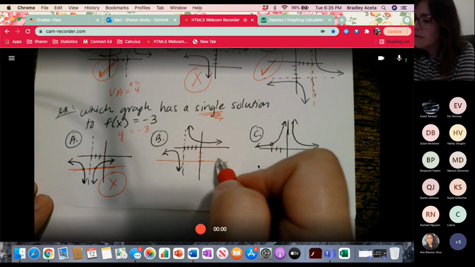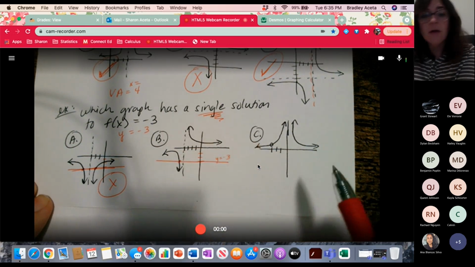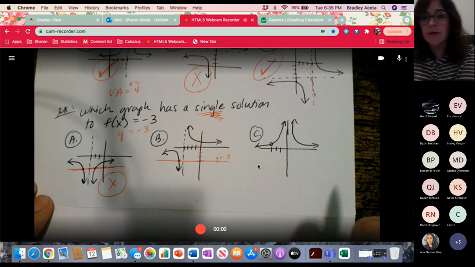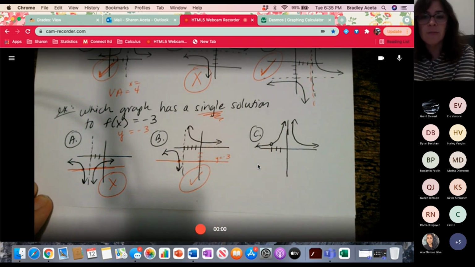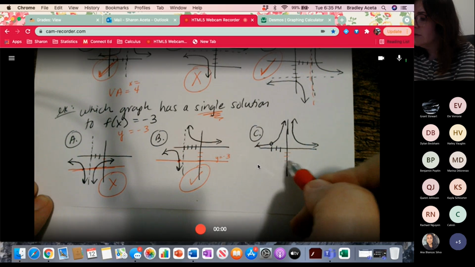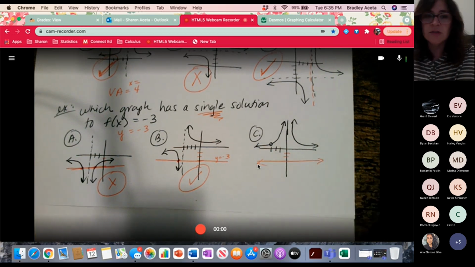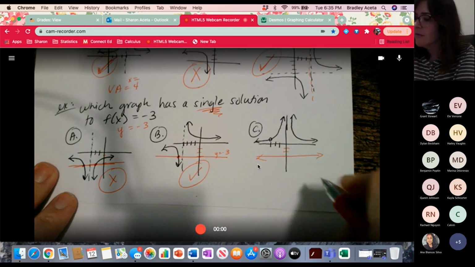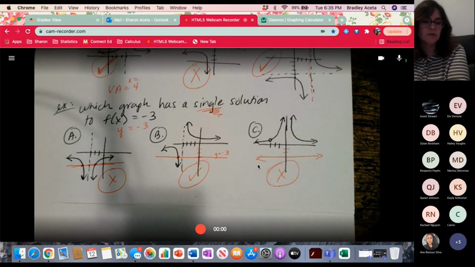So y equals -3. I've gone through this point right here. Oh, that's a single solution. I'm not hitting any other x value. So this one has a single solution. This one, 1, 2, 3, all the way down here. There's nothing. I'm not even touching the graph. There's not even a solution for that one for y equals -3. So this one does not have a single solution.